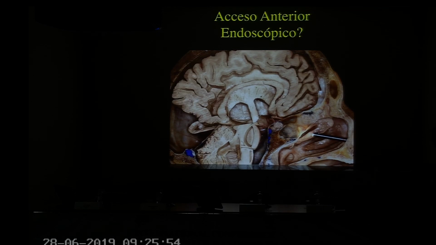You can reach the anterior portion of the pons, but the problem is what structures you have here, what is the disposition of the basilar artery, how is its shape, how long, is it lateral, is it medial, or is it a dolichoectatic basilar artery. This is a very exciting challenge for us.